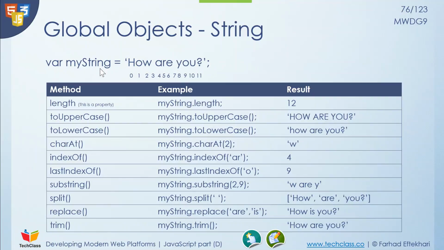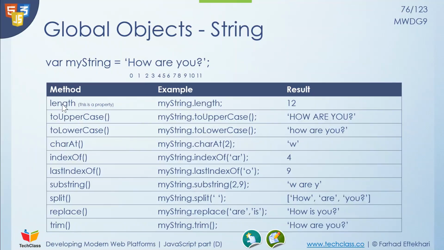The way that JavaScript indexes this string as characters, you can see h is the character with the index of 0, as you saw in the array example, where the first one starts with 0 and the second one is 1. And then here there are different kinds of methods that you can see.